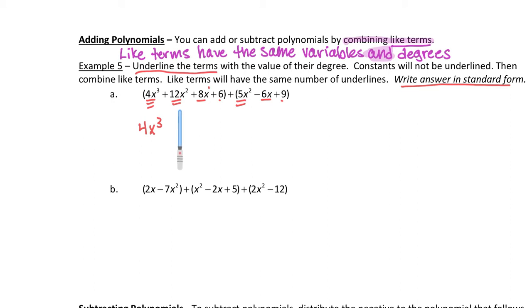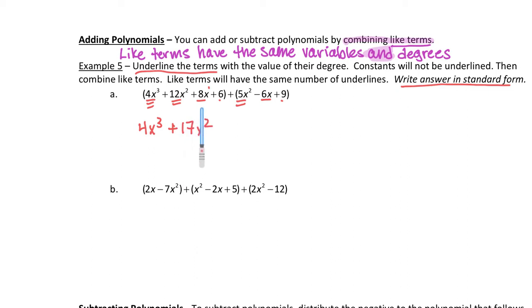My next one right here is squared, so there are 2 lines here. We can see this one also has 2 lines. Now I add the coefficients, so 12 plus 5 gives me 17x squared.